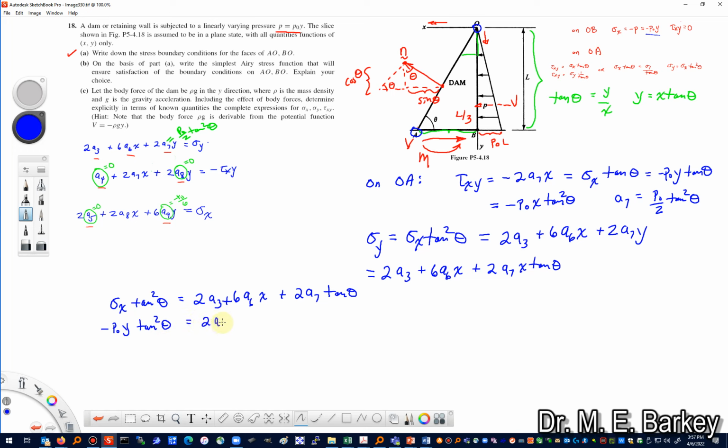We have the 2a3, we have the plus 6a6x, and then here we have plus 2a7, which was p naught over 2, times tangent squared theta.